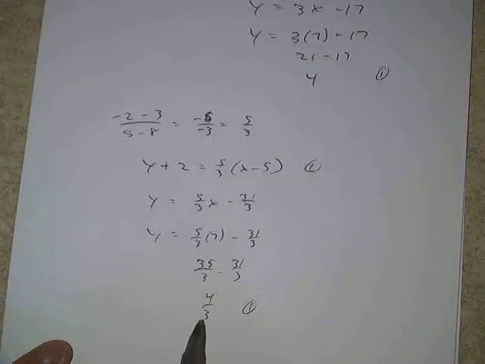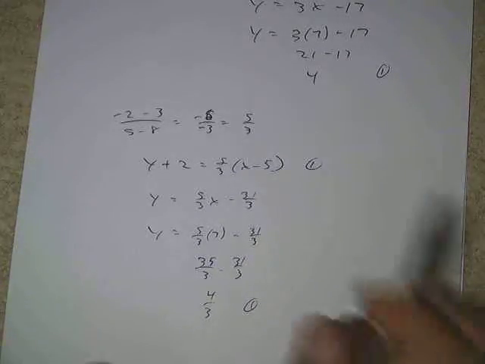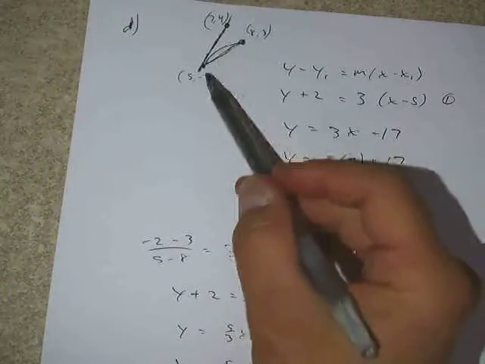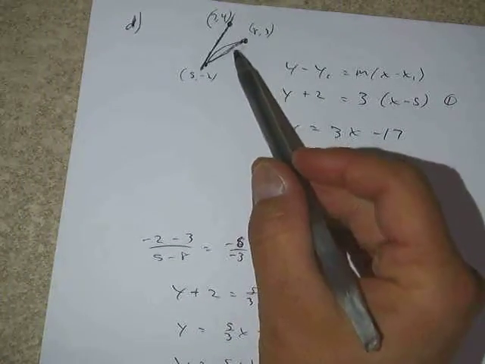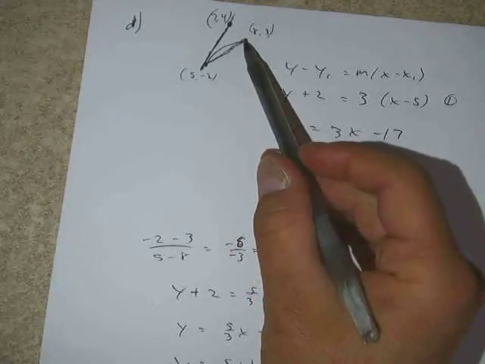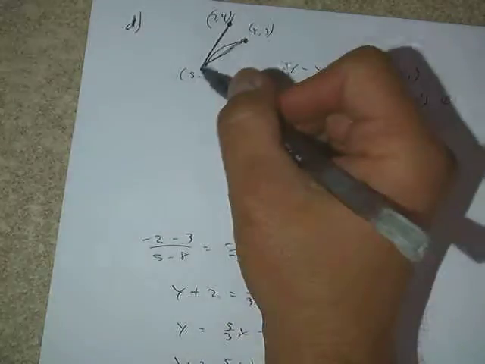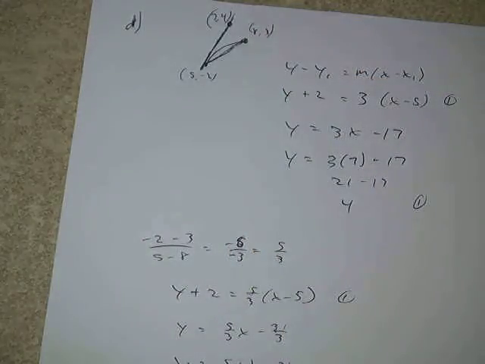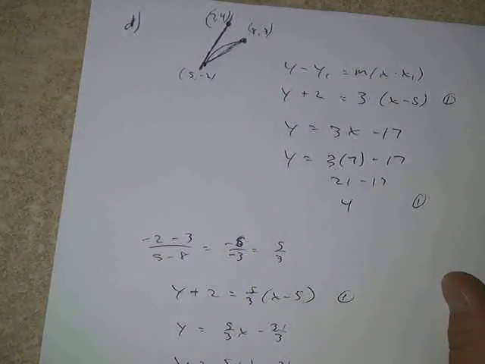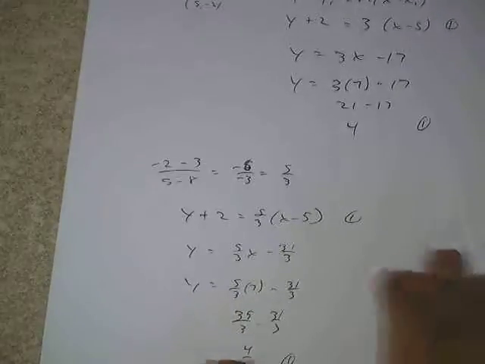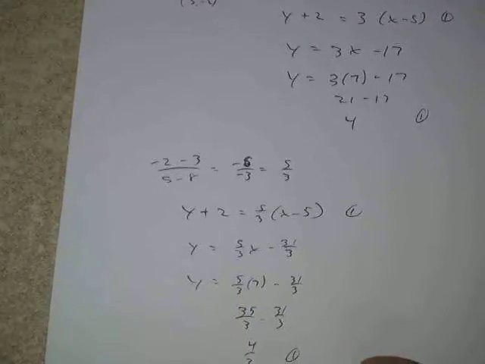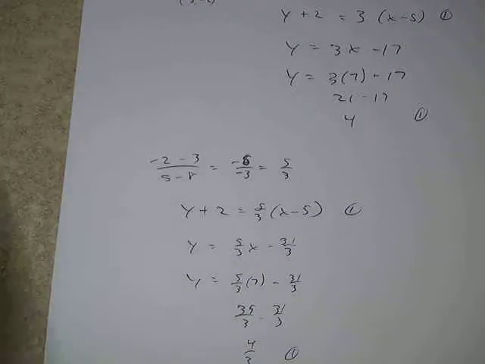So if we take our 5 thirds x, minus 25 thirds, would be minus 31 thirds. And we plug in our 7. We're going to get 35 thirds minus 31 thirds. And lo and behold, it's that 4 thirds that they mentioned, isn't it?